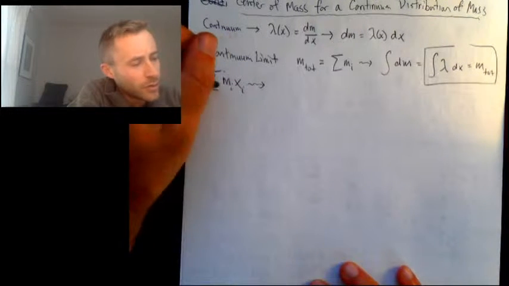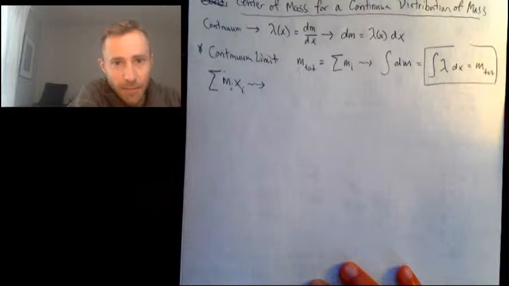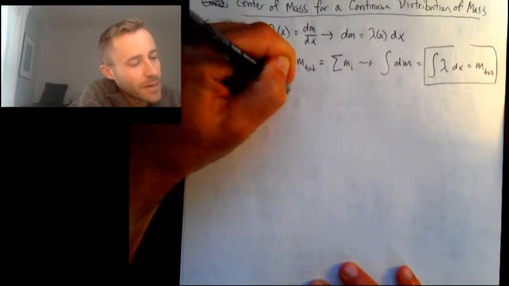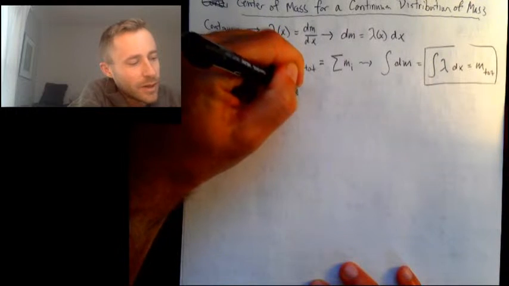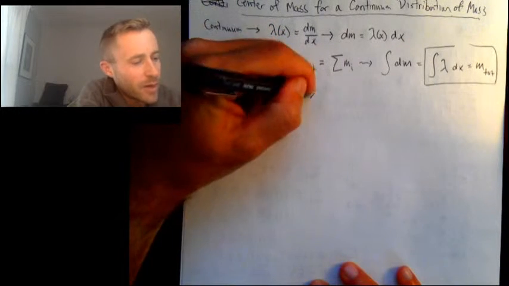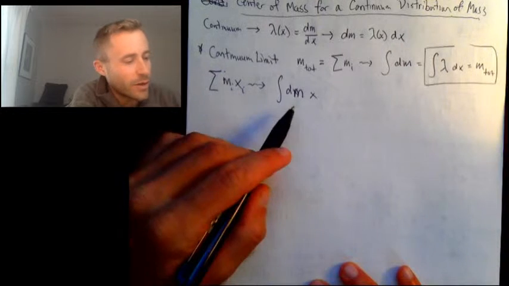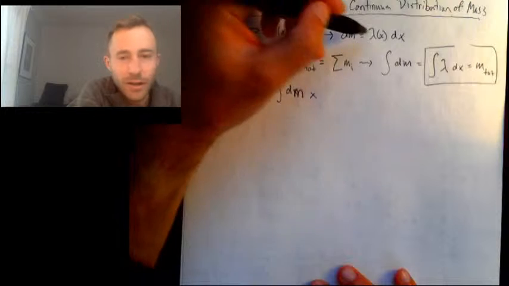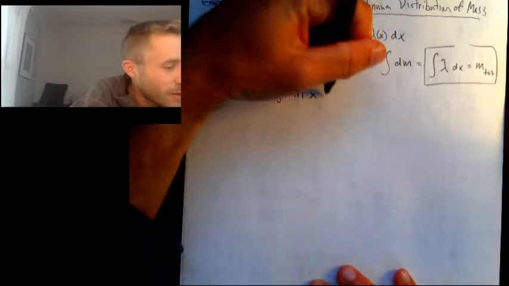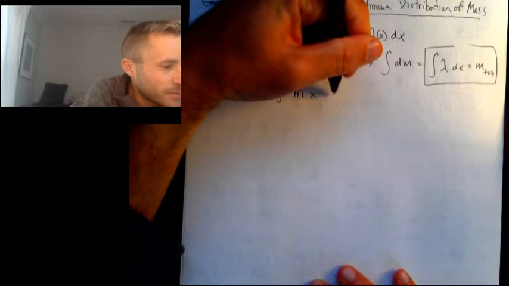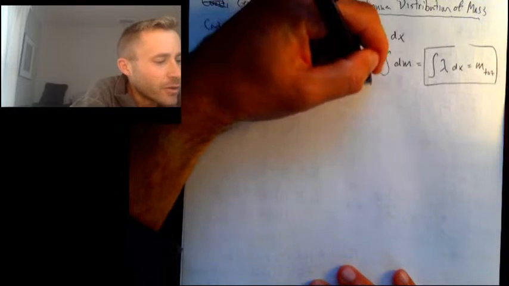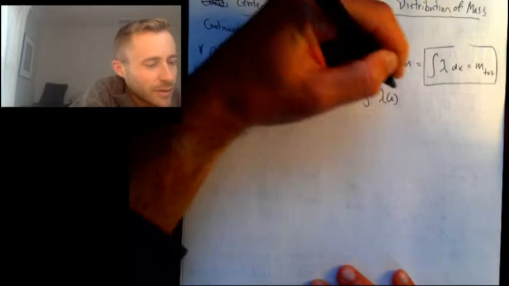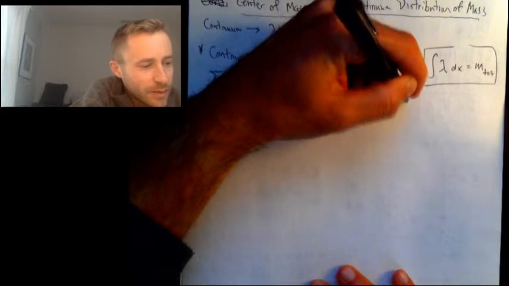So mi becomes dm, the sum becomes an integral, and then it's just multiplied by x. So it's the integral of dm times x. Now, of course, dm can always be written as lambda of x dx. So this becomes the integral of lambda of x times x dx.